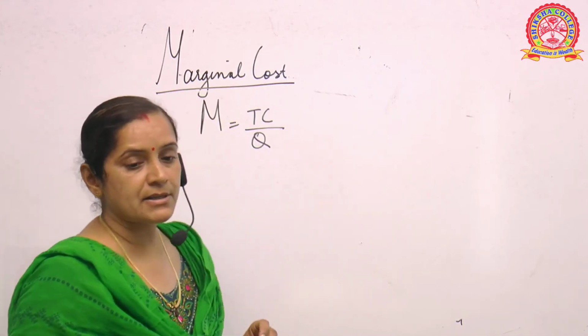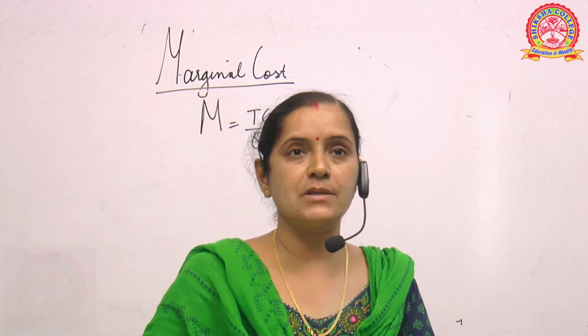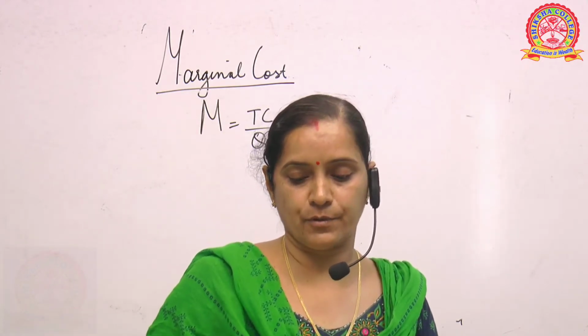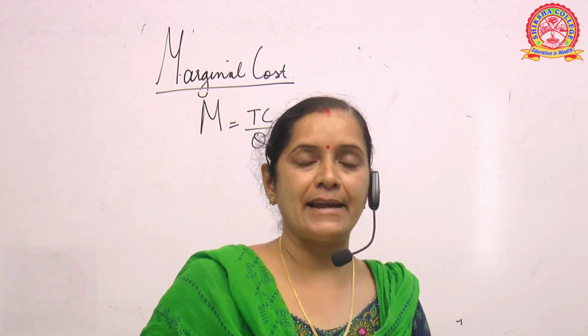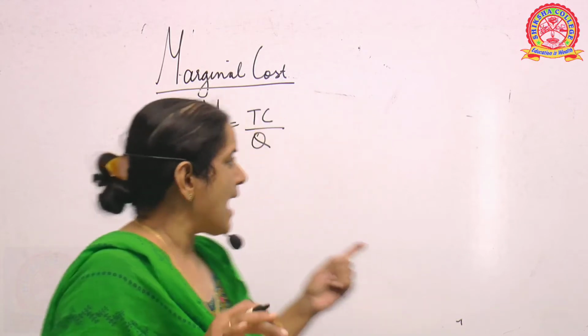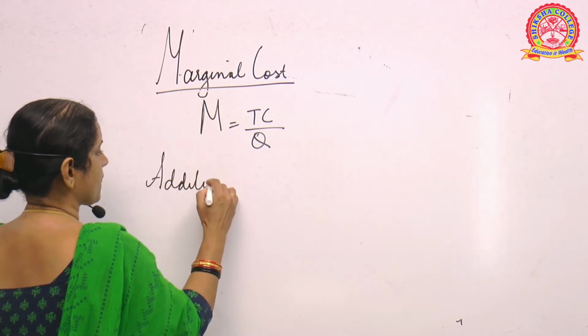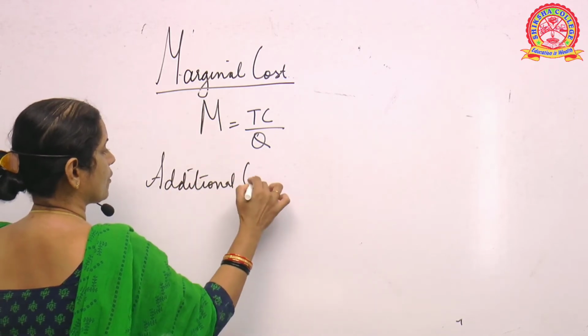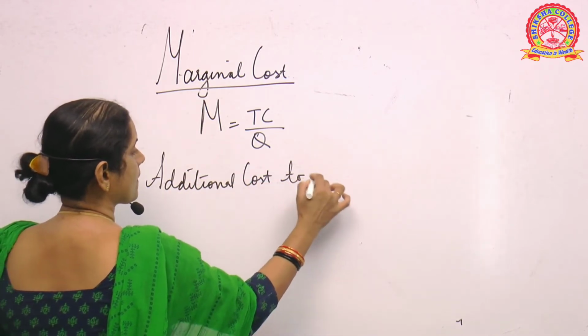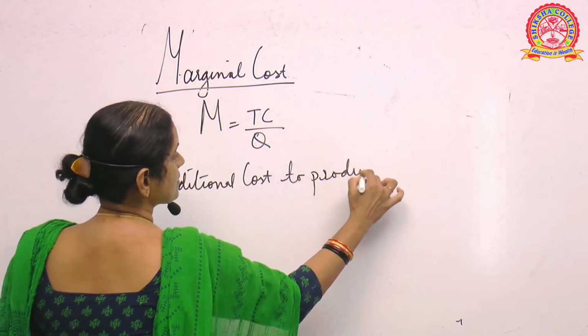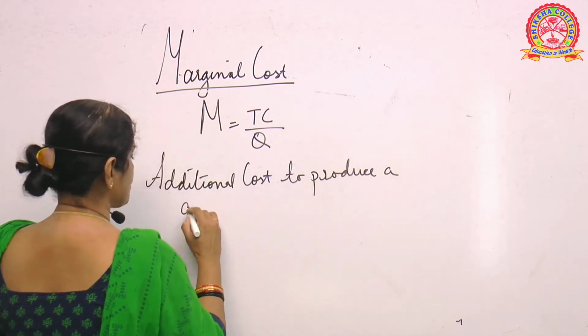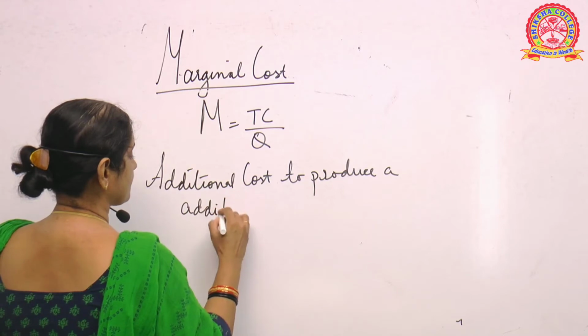Okay. Now what is this? Additional cost to produce an additional unit of output. Okay. It is the additional cost. You can put additional cost to produce an additional unit of output.